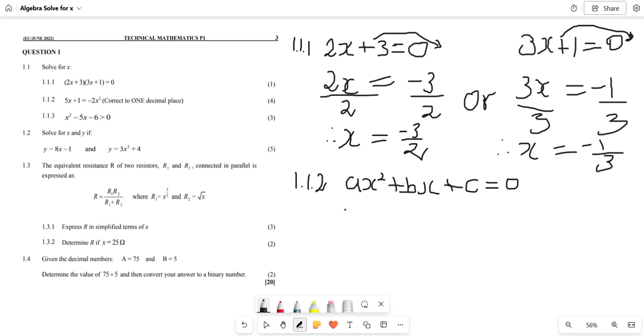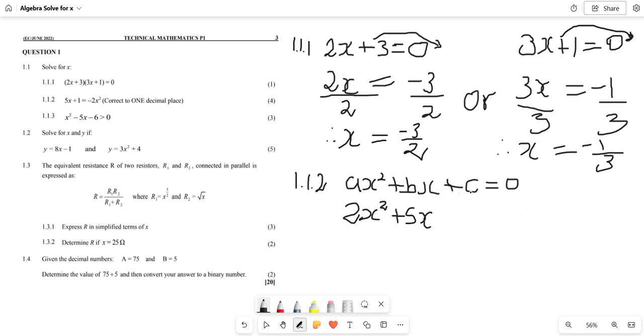Because we have transposed, it becomes positive 2x squared. Now, the second term must be the term with an x. The sign for this 5x remains unchanged because it was already on this side, so it is a positive 5x.